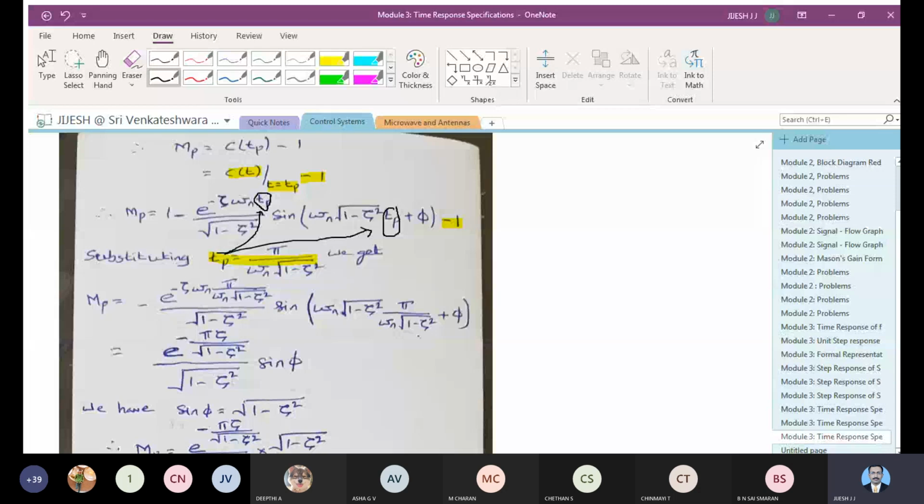So have you all understood till here? Yes, sir. Substitute and do it till there. After that we'll continue. One minute, you do that till there. You write all those steps.